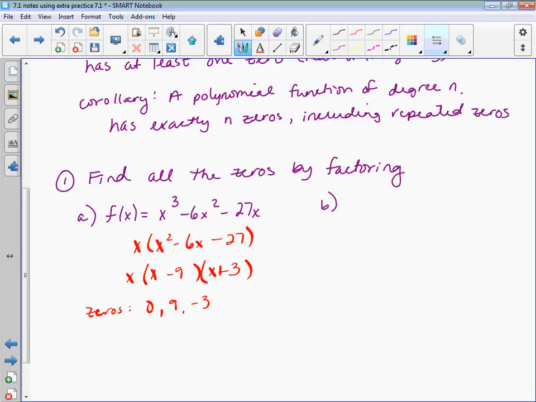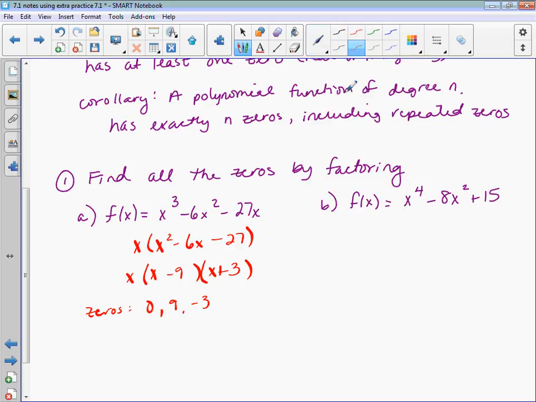All right, let's try another one. F of x equals x to the 4th minus 8x squared plus 15. So how many zeros do you think we should have? 4. Good.